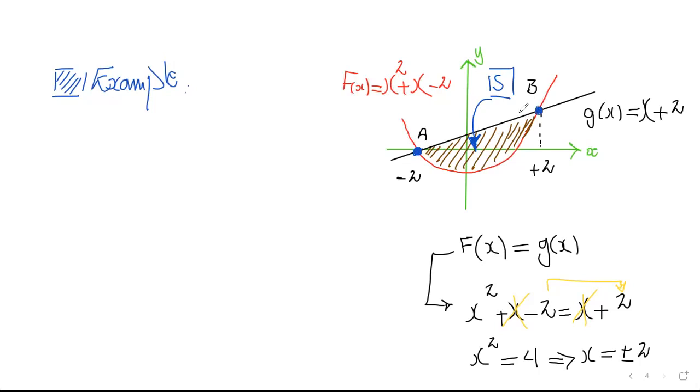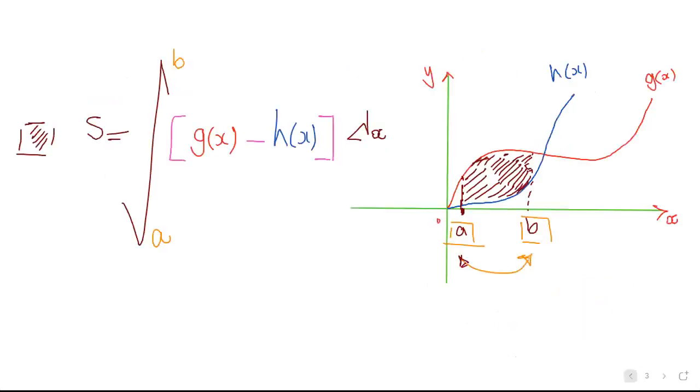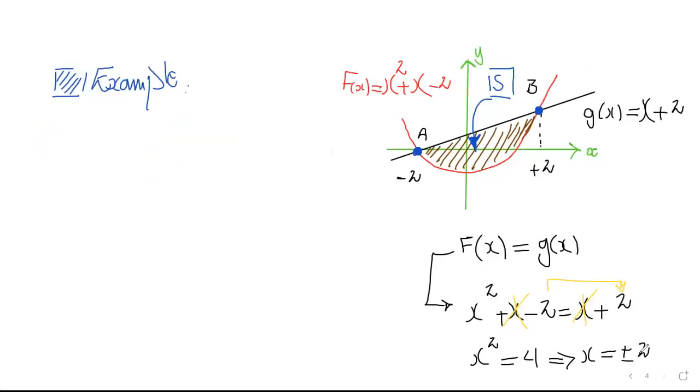Now, we just want to find this. What did we learn? We learned that this is the formula, right? That's what we introduced today. I'm just going to use this in order to find the area. We said that we have to solve this integral, which we know expands from minus 2 to plus 2.